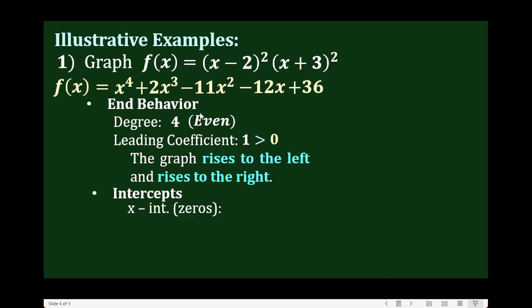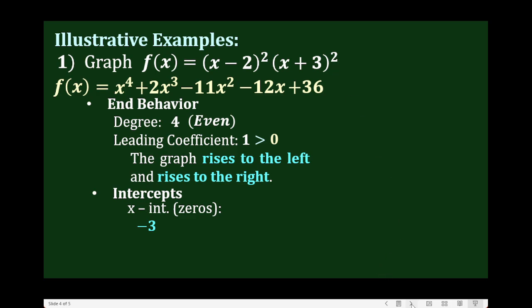So we have the two intercepts, and these are negative 3, which is taken from here, and this intercept occurs twice. How do we know if it occurs twice or has a multiplicity of 2? Because of the exponent 2.